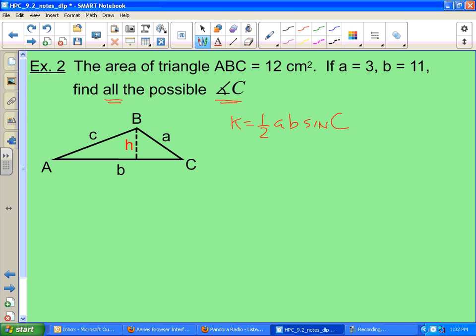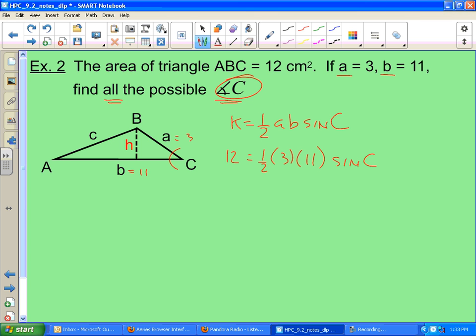So, filling this in, I have a K, which is 12 centimeters squared, an A, which is a 3, a B, which is an 11, and a sine C. Before I start filling numbers in, I want to make sure that the two given sides and the angle we're looking for are a side angle side setup. So 11, 3, and the angle we are looking for, it is a side angle side setup, so we can use this formula.